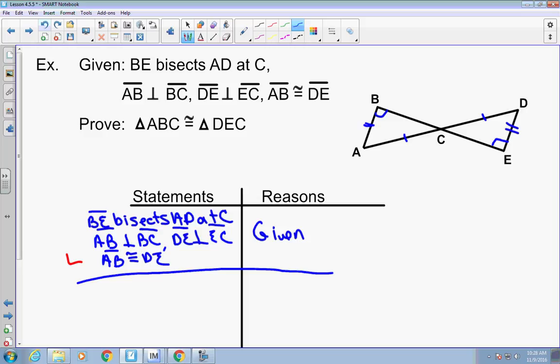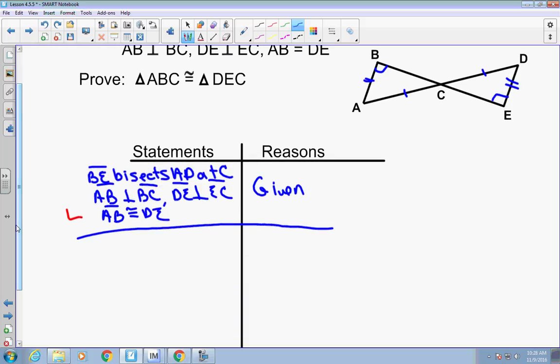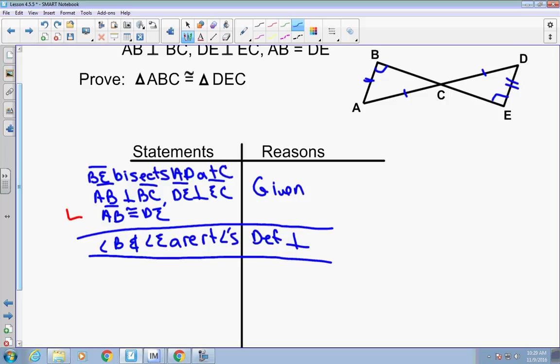Alright, so from the perpendicular, I want to state my right angles. So I can state that angle B and angle E are right angles. And what's my reason for that? Definition of perpendicular. Then what do I want to say? You could say angle B is congruent to angle E by all right angles are congruent, but we don't necessarily want that in this one.